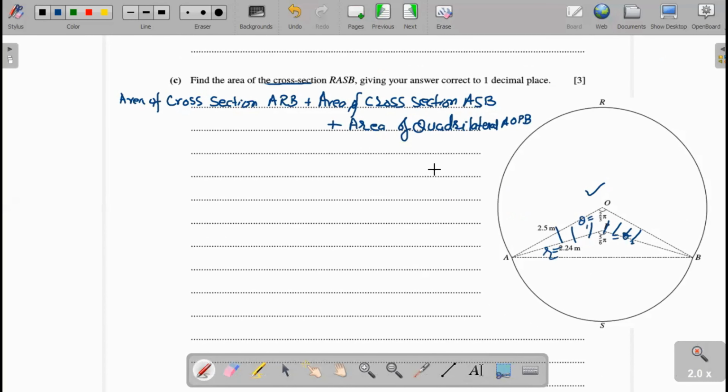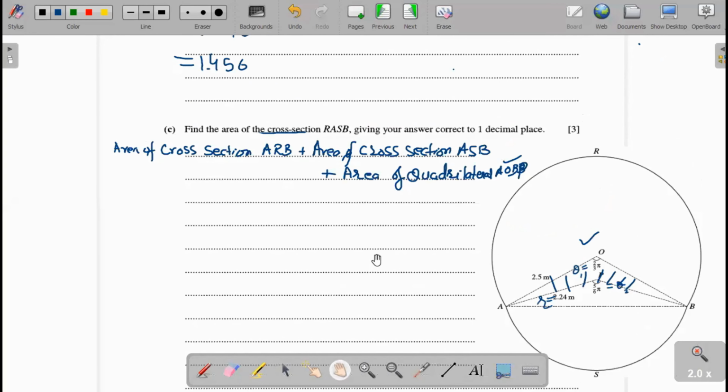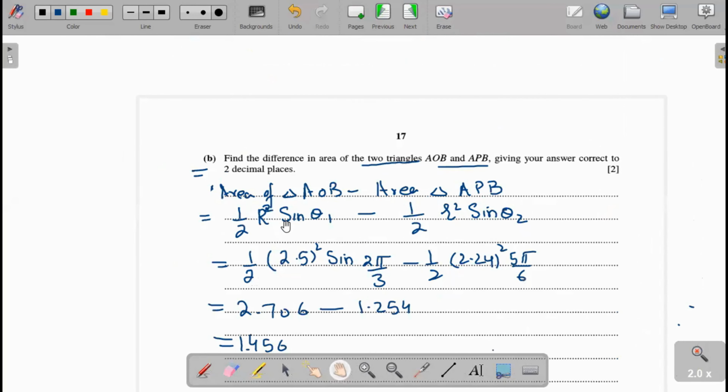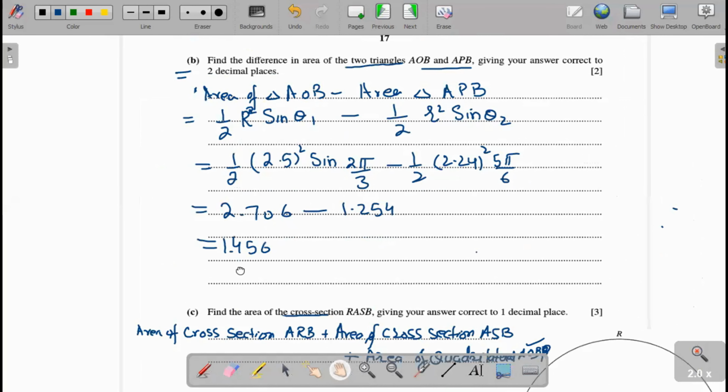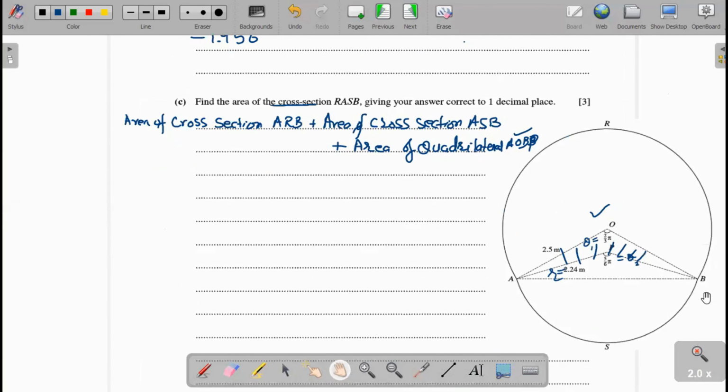We already found this area of quadrilateral AOBP, which you can see here in part B. We write this value here, 1.45, and the area of cross section ARB will be equal to 1 over 2 r square theta 1.